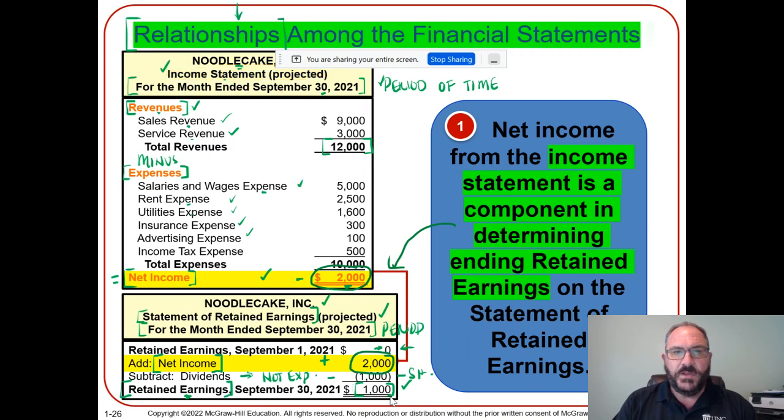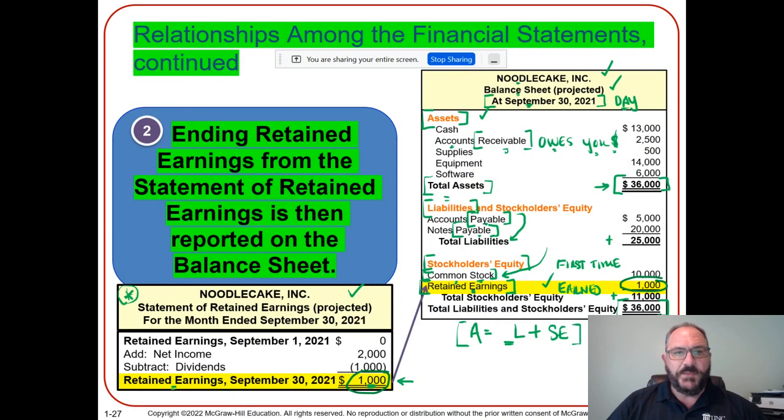Now, the statement of retained earnings, see that $1,000 right there? That goes over here to the balance sheet. So we started at the income statement, went to the statement of retained earnings, and then the retained earnings shows up on the balance sheet right here. And again, on the balance sheet, we have all of our assets here.